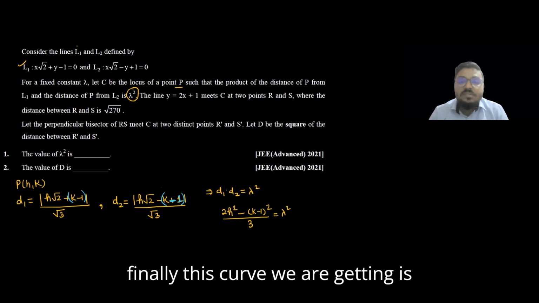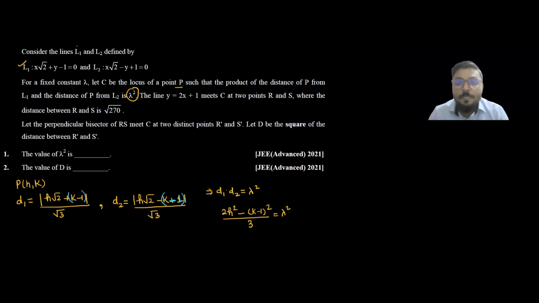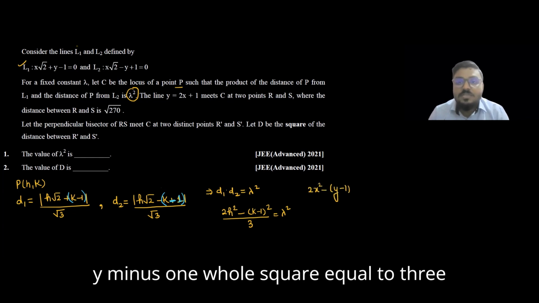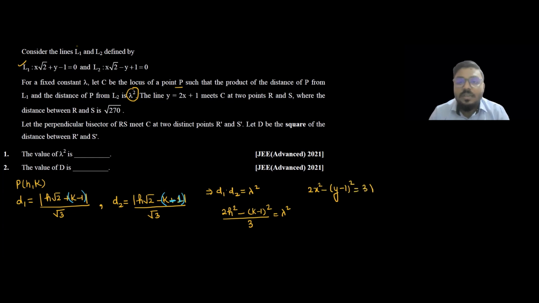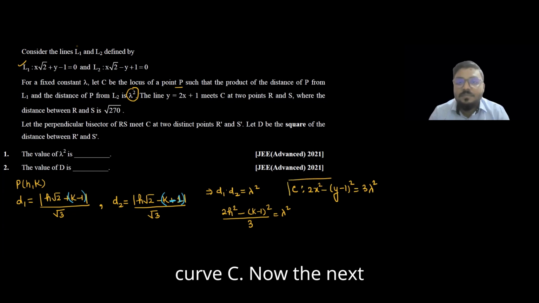So finally this curve we are getting, let's replace (h, k) by (x, y). So this is now 2x square minus (y minus 1) whole square equal to 3 lambda square. So this is our curve C.